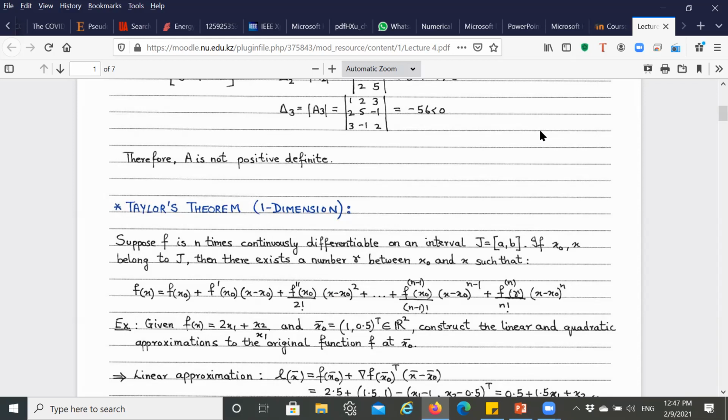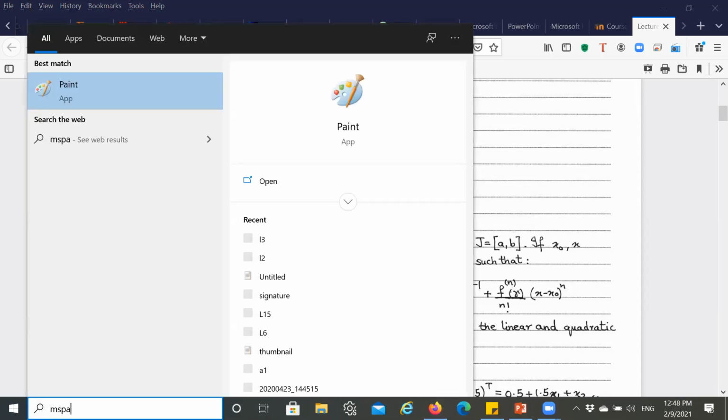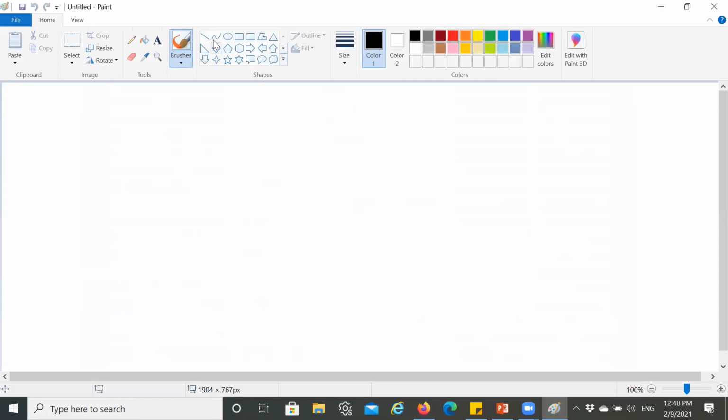A Taylor series is what you use when you want to approximate a function at a given point. To make it easier, I've taken it from your reference book, but to explain it more easily, I will write the Taylor series in a simpler form.